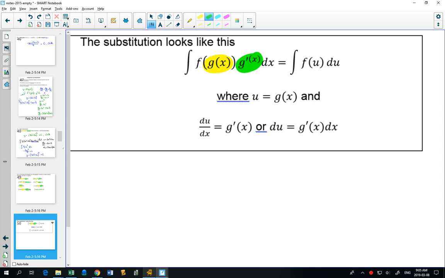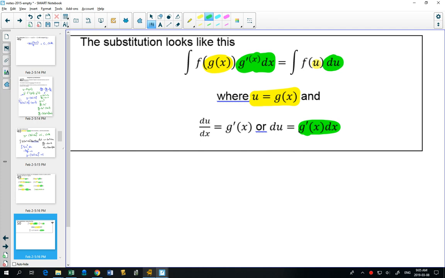And I'm going to highlight the g of x with the derivative. What we do is we let u equal g of x, which replaces this with just u, and then the g prime x gets replaced by du.